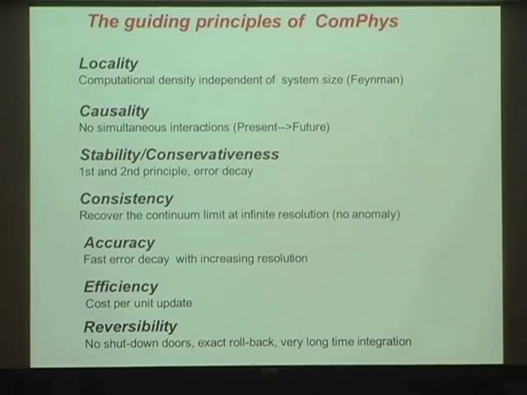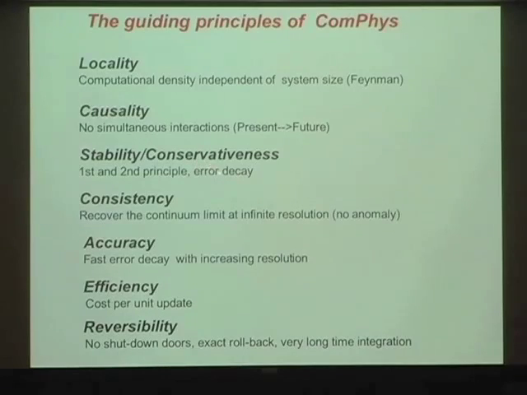There is another very important property whenever you design any algorithm, which is stability, if you are simulating a stable system. Sometimes you simulate an unstable system, but the typical situation is that your system is stable, and the stability conservativeness means that your numerics should make a strong effort to reflect the first and second principle, because this immediately reflects in the fact that your error, by error I mean the error introduced in the computational representation, will decay instead of growing.